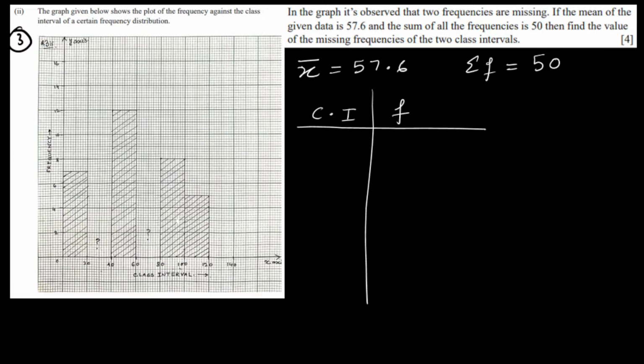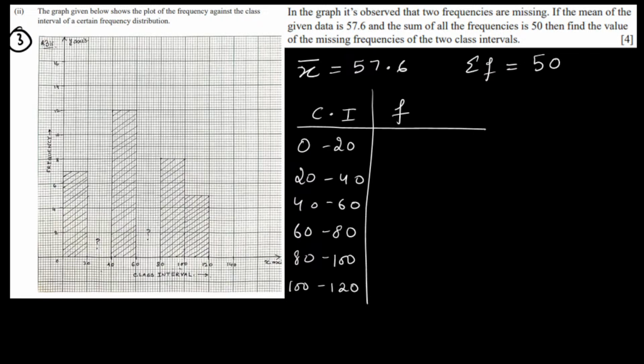It's very easy. 0 to 20, then 20 to 40, 40 to 60, 60 to 80, 80 to 100, and 100 to 120. So till 120 it's there.